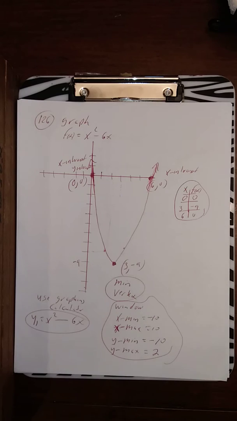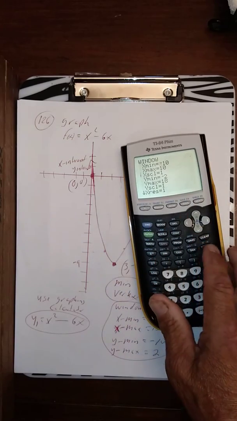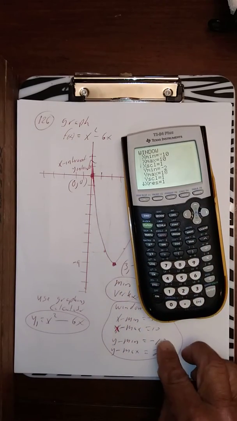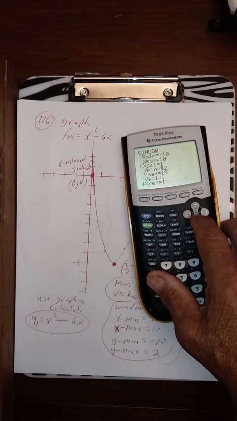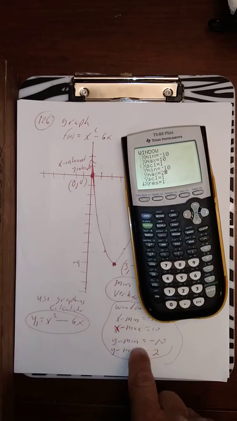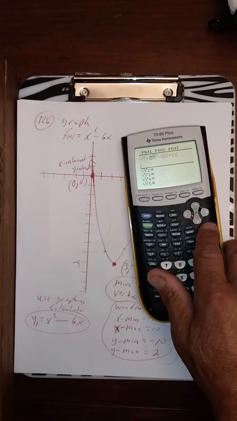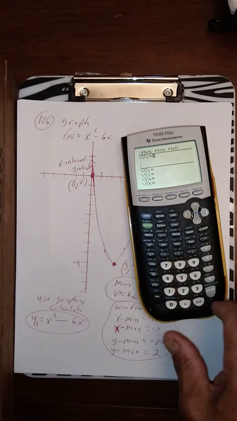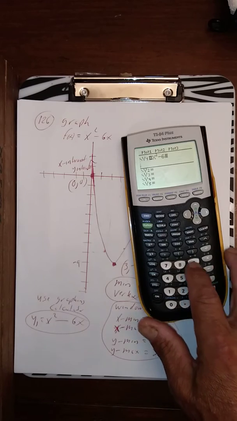Another graph. Alright, that's fine. Let's just reset our function window. This is negative 10, 10, and negative 10 and 2. 10 and 2 matches it. Yep. So now, let's get rid of this. X squared minus 6x.